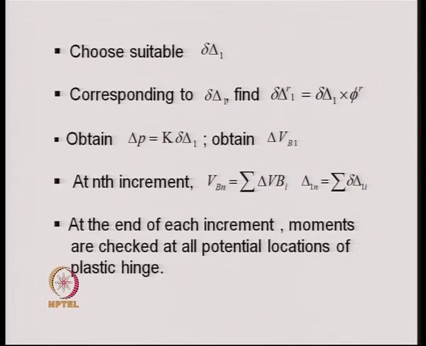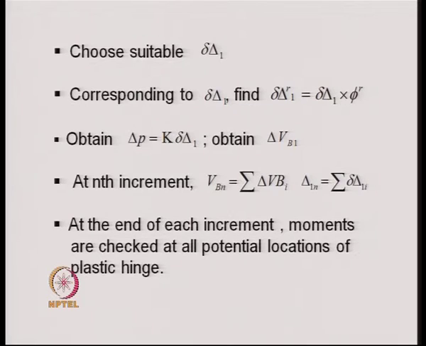That is how one can get the displacements at different floor levels once we have assumed some value of incremental displacement at the top story of the frame. This gives a vector of displacement. The index 1 denotes that this is the first increment of displacement.